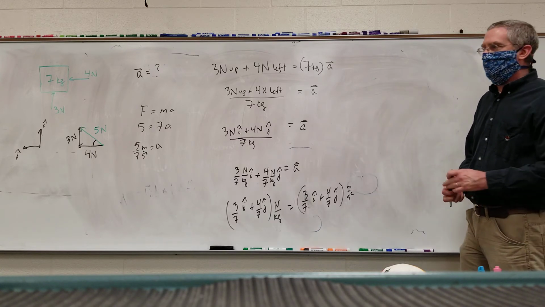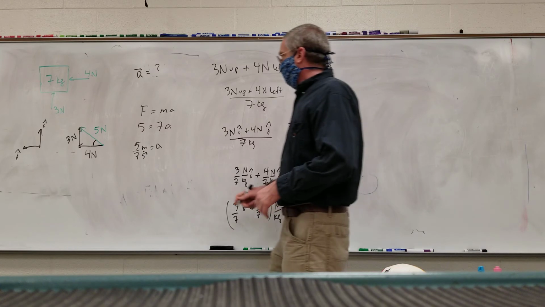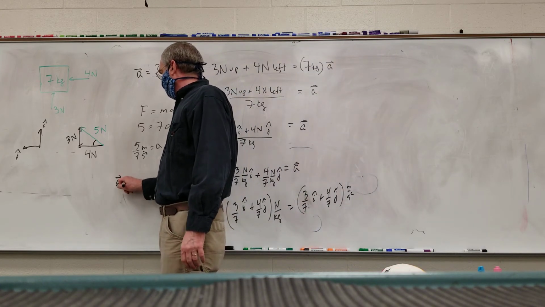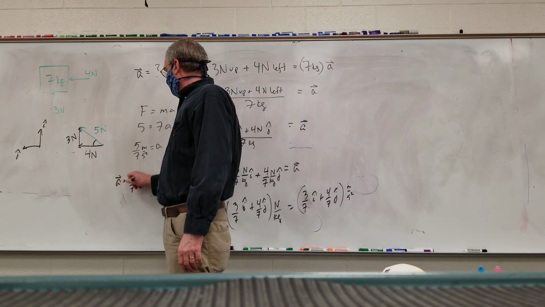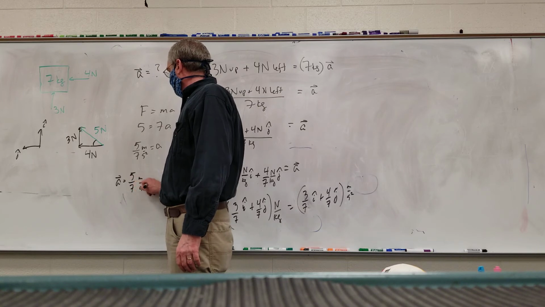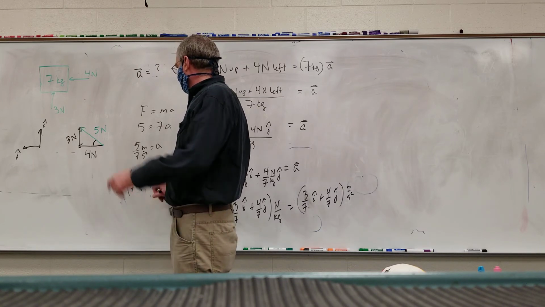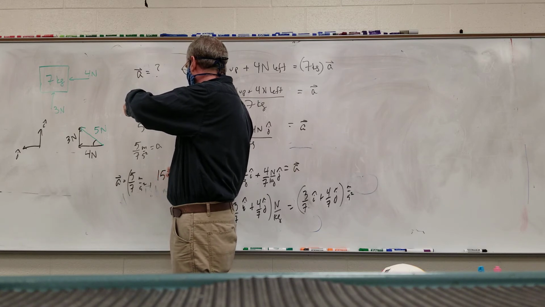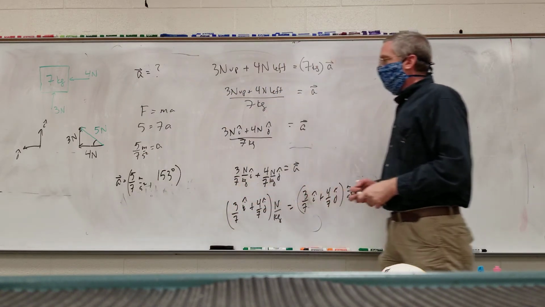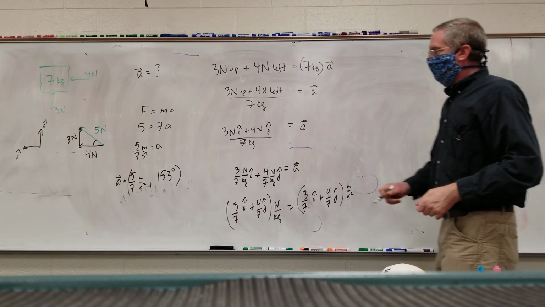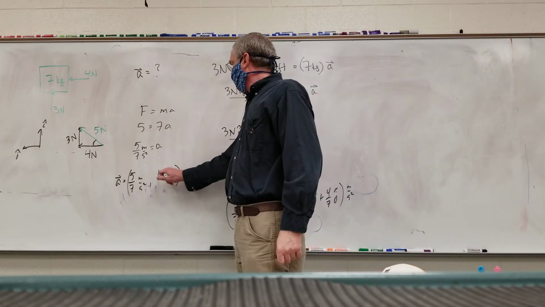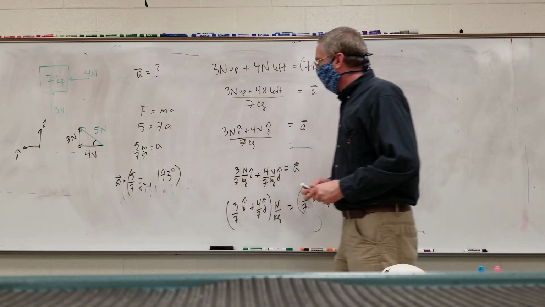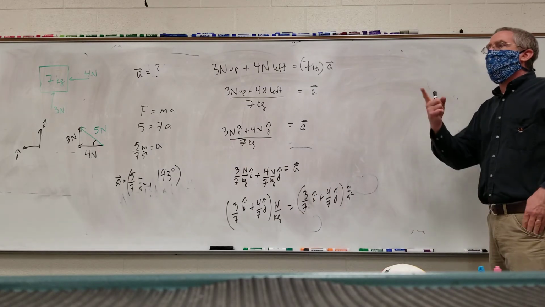And for those who wish to try their trig practice later, you could have also expressed this as 5/7 meters per second squared, comma, and then 143 degrees. Nope, try that again. 143 degrees. Question.